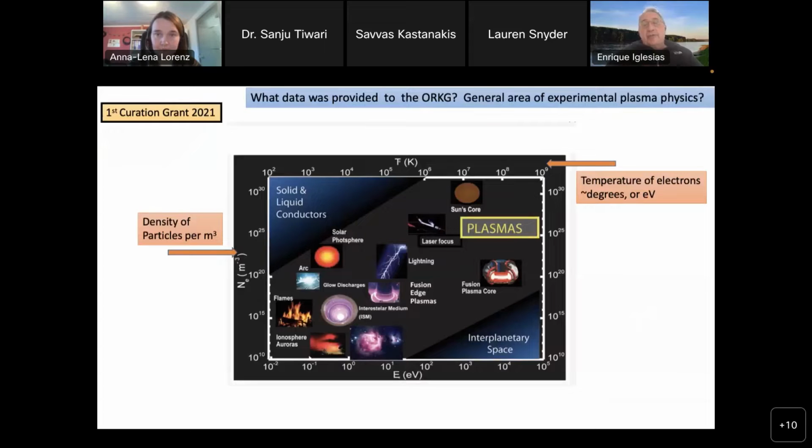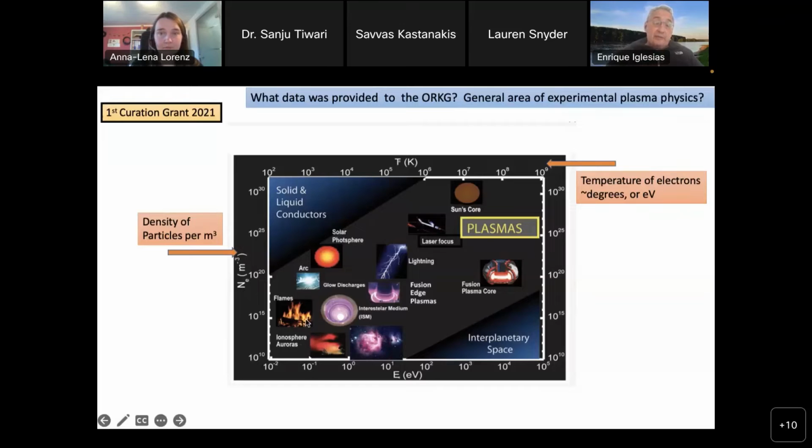The interesting thing about plasmas is that they cover several orders of magnitude in densities and temperatures, density of matter, temperature, cold to hot. And that means you find many physical systems that comply with the characteristics of plasma.